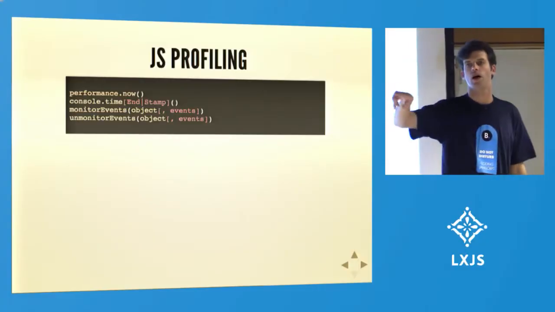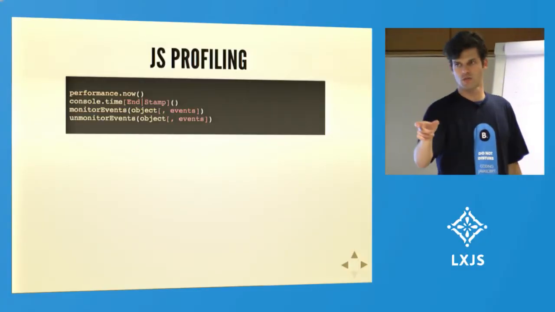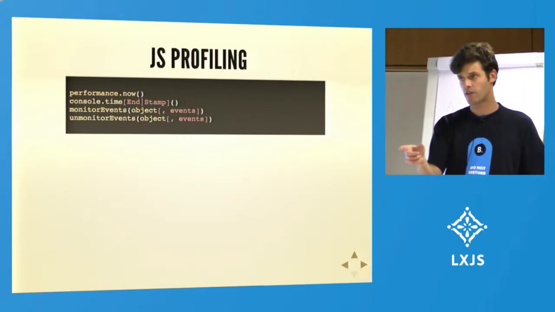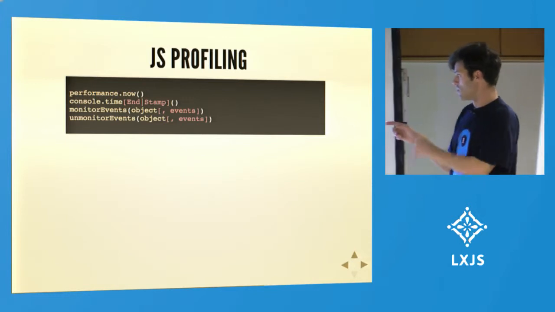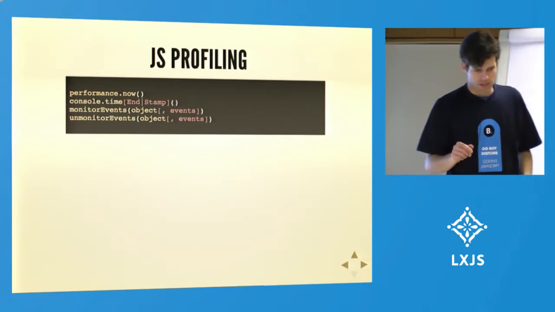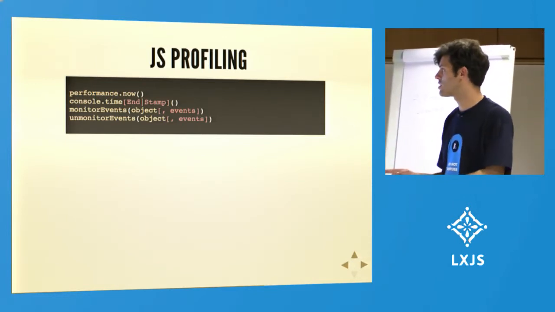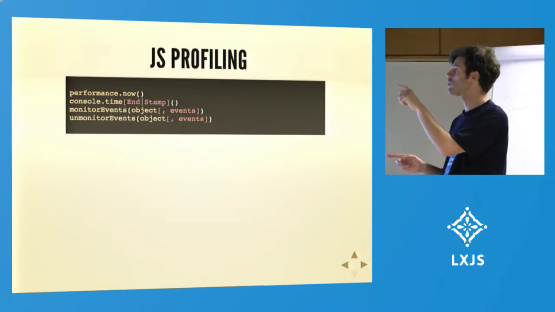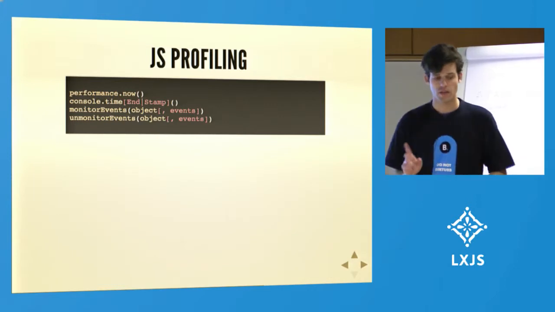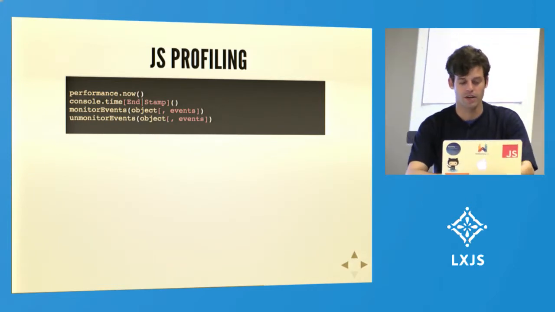So you can use performance.now, which gives you the timestamp with nanosecond resolution, or you can use the combination of console.time, console.timeEnd, and console.timeStamp. Exemplifying now.